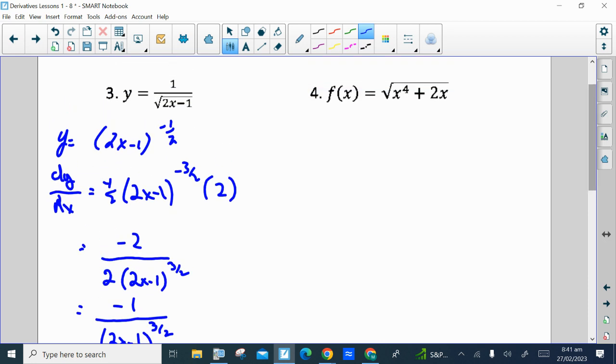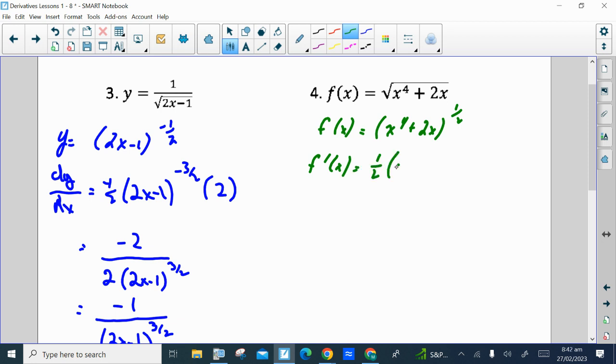Number 4, again, we start by writing that as a power. Square root means power 1/2. So now f prime x, the derivative, first part of the chain rule is using the power rule on that function.